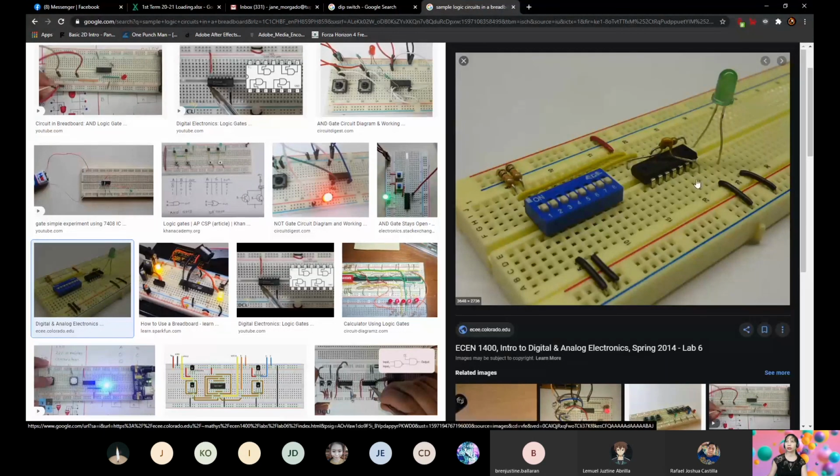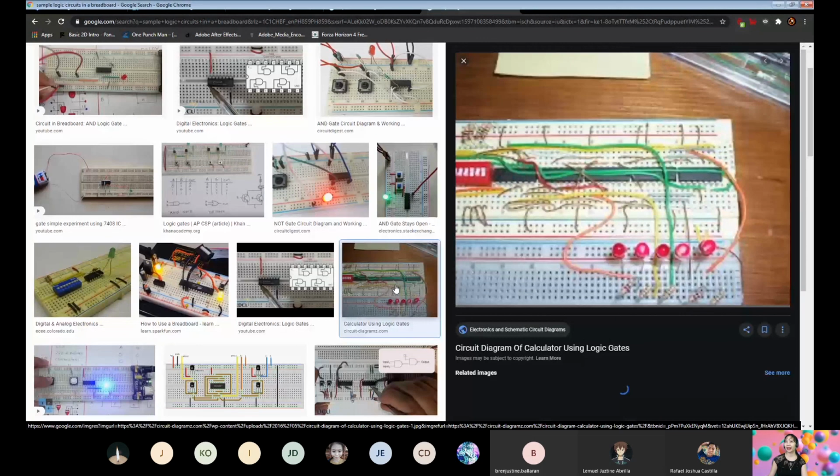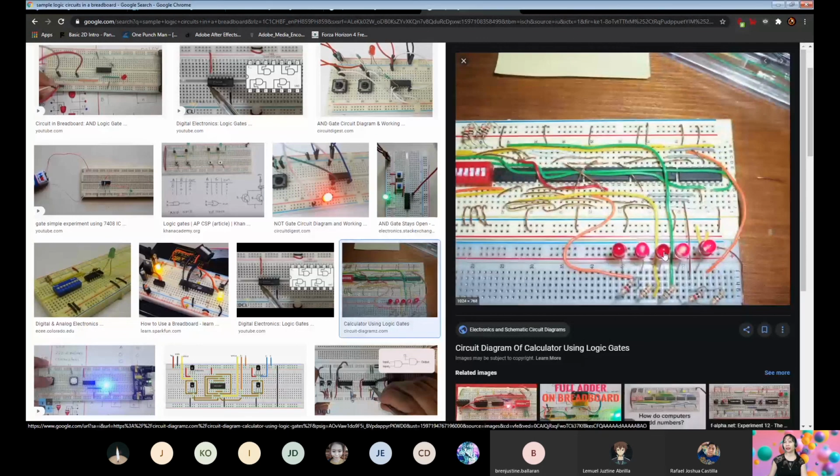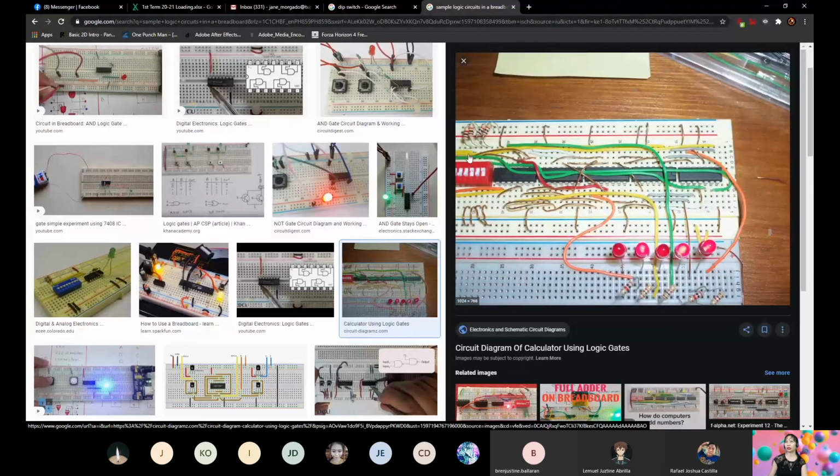Iba namang circuit yata to. Ito. Sana nagaganyan dapat kayo. You have several ICs here connected. So, ito yung inputs. Kaya lang, hindi pwede ito masukal, no? Sample lang naman siya. Sample circuit.